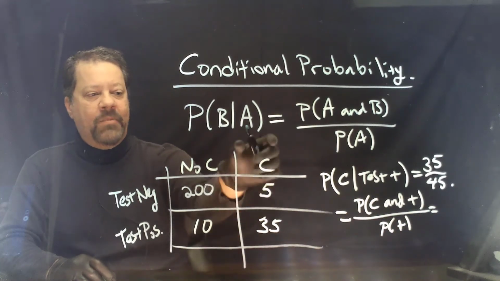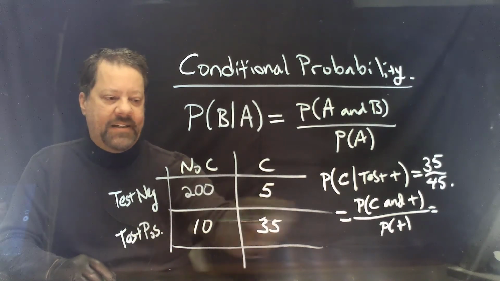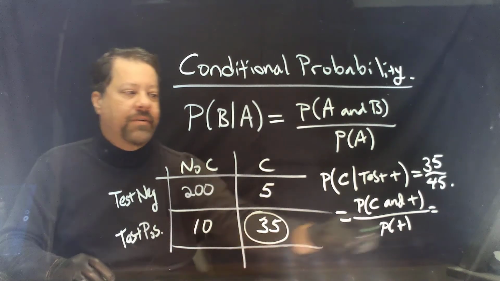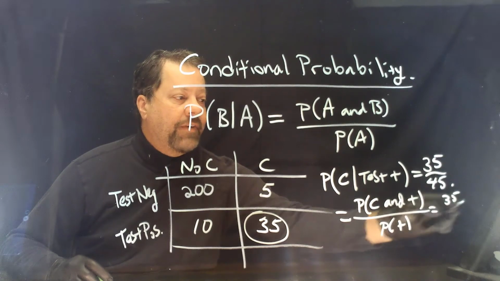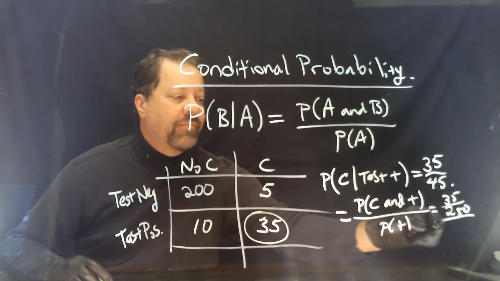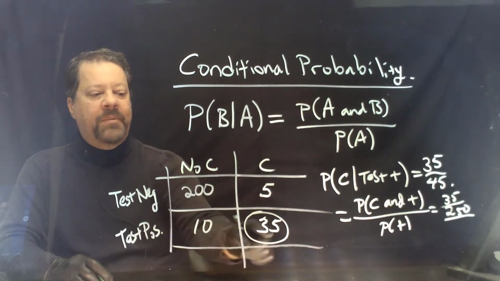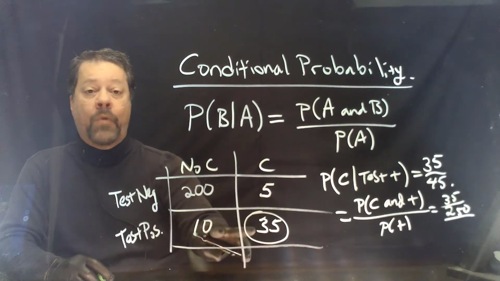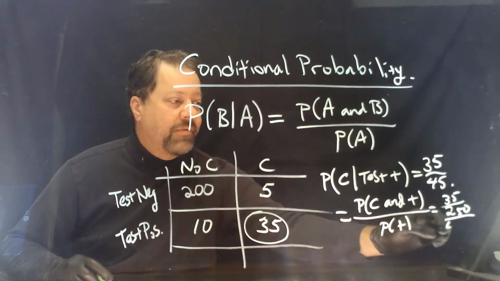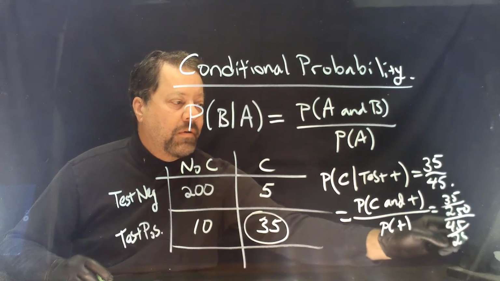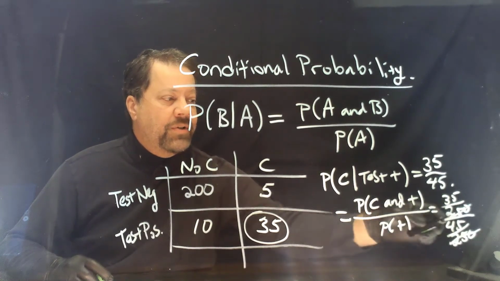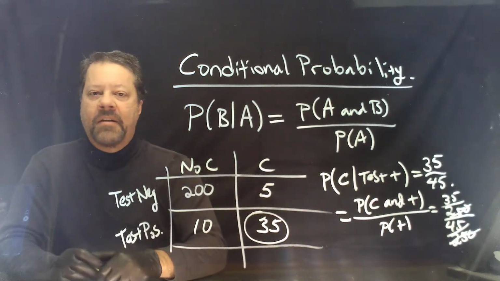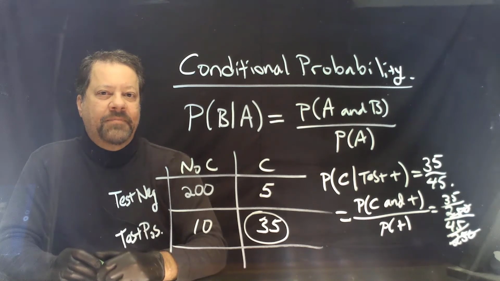The probability that you both have cancer and test positive is 35 out of 250. But the probability that you test positive is 45 out of 250. When you reduce the fraction, you end up with 35 out of 45.